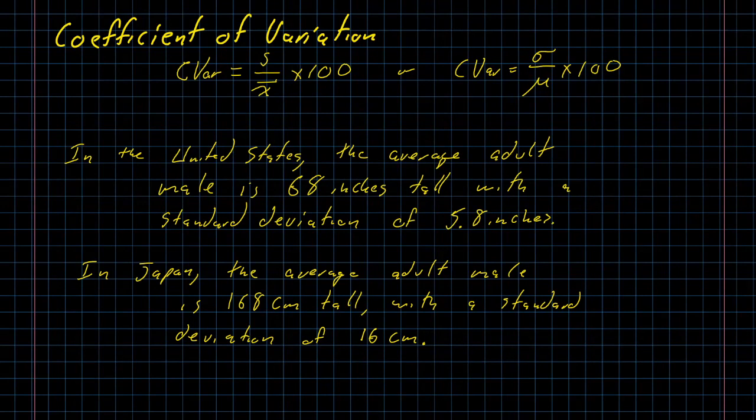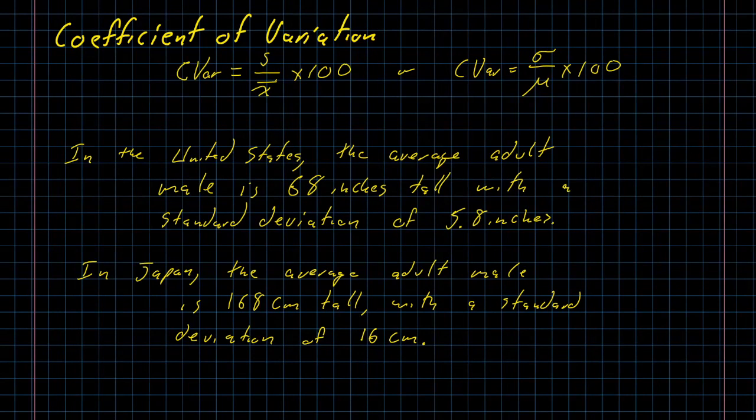And so the question is, we could do the unit conversion to figure out whether the United States or Japan has the taller average height, which is certainly something you can do if you're so inclined. Again, I'm not sure that these data points came from the same year, so I'm not sure how fair of a comparison it is.